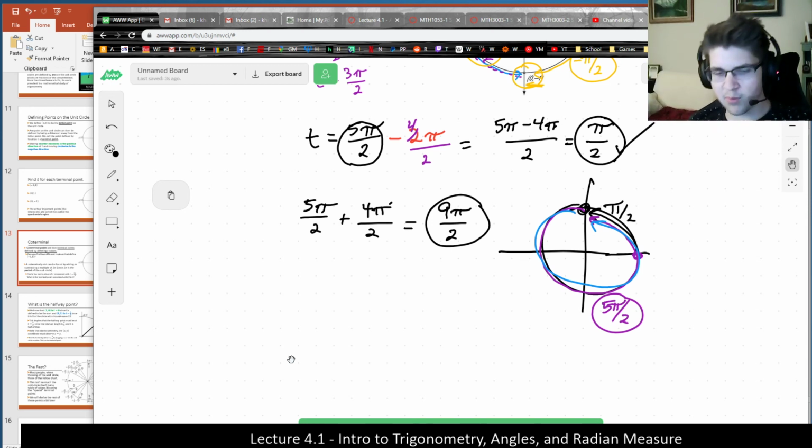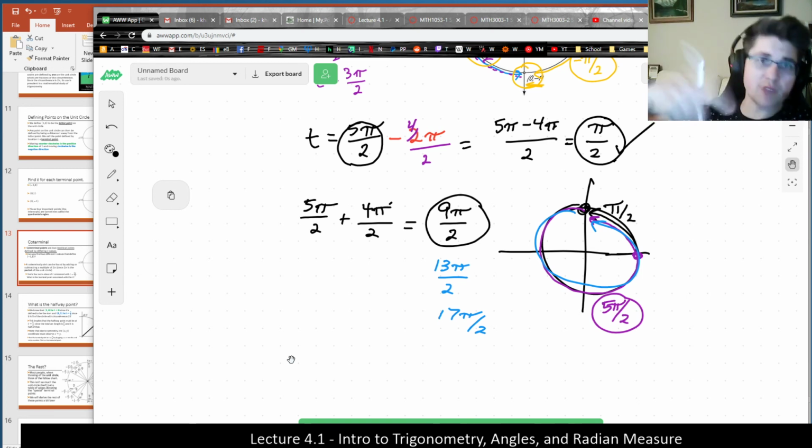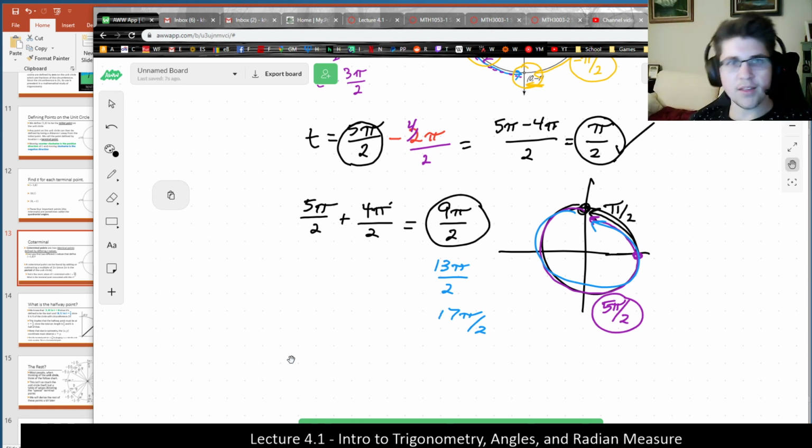The next one, adding another 4 pi over 2, would be 13 pi over 2, then 17 pi over 2, and so on. Or we could subtract 2 pi over and over to get more going the other way. How I visualize it is that adding 2 pi is a full circle counterclockwise, and subtracting 2 pi is a full circle clockwise. Regardless, I'm going to find coterminal points.